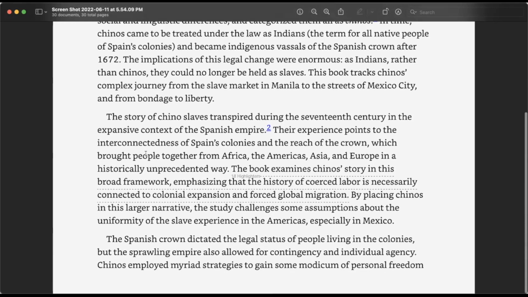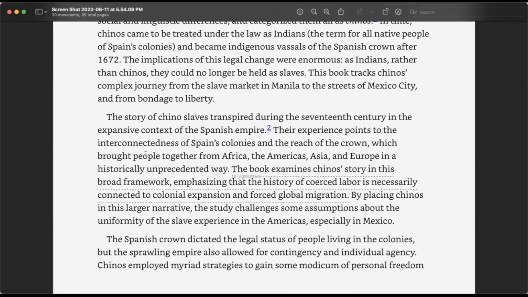Their experience points to the interconnectedness of Spain's colonies and the reach of the crown, which brought people together from Africa, the Americas, Asia, and Europe in a historically unprecedented way. All right, so I just want to tell people, you got to dodge the hijack. And in some of these writings here, the author still goes along with the Out of Africa theories, subscribes to it.